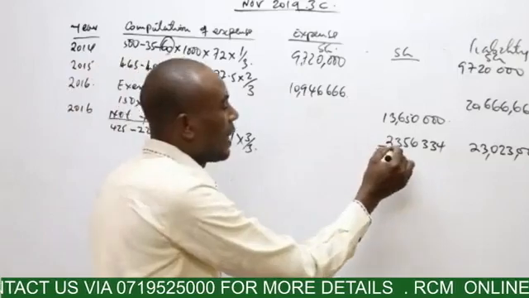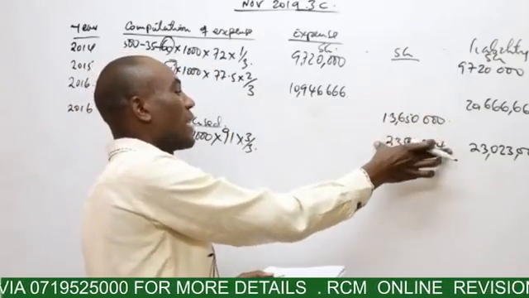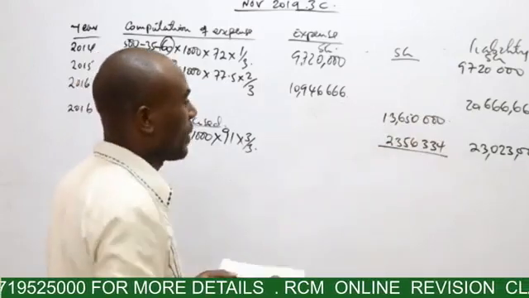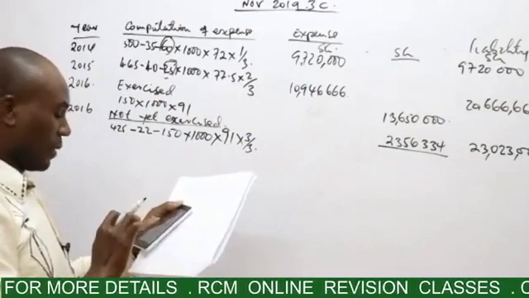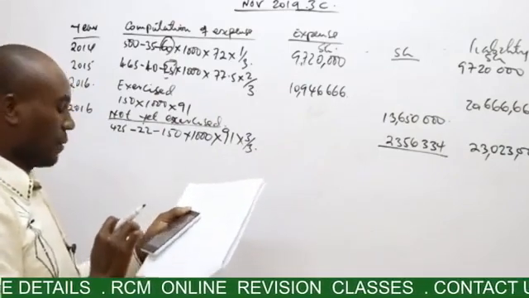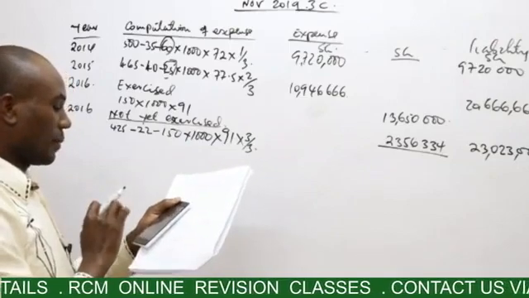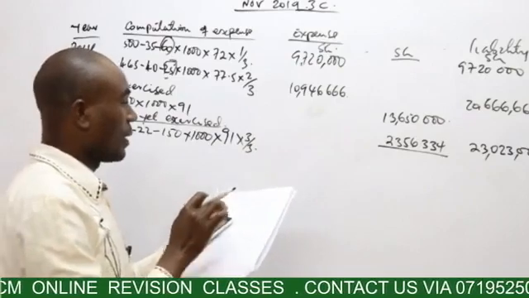Then I add these expenses for those who exercised and those who have not exercised. I get one expense here. Therefore, I add plus 13,650 thousands.